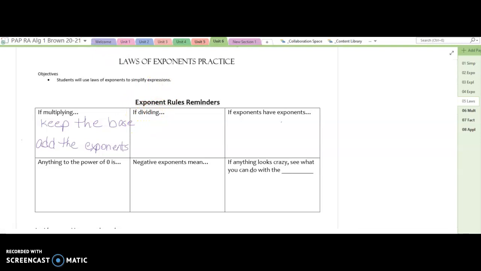When we divide, we keep the base and we subtract the exponents.